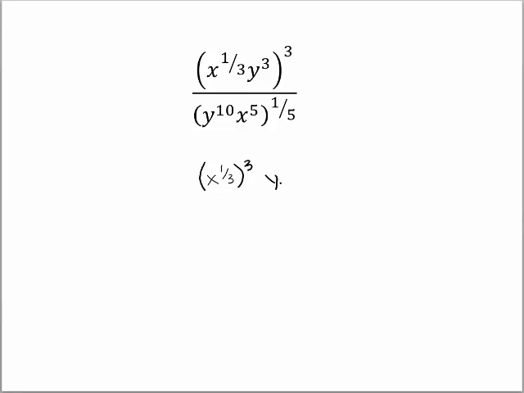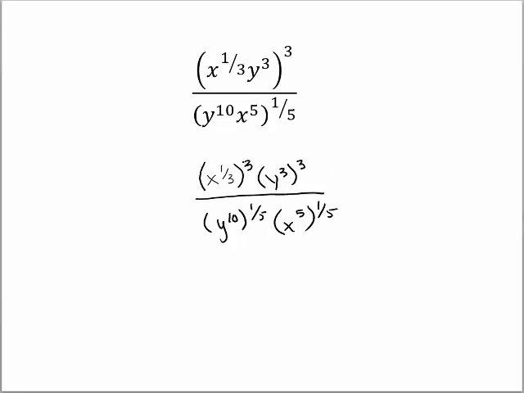And y to the 3rd raised to the 3rd. And then we have y to the 10th raised to the 1/5, and x to the 5th raised to the 1/5.